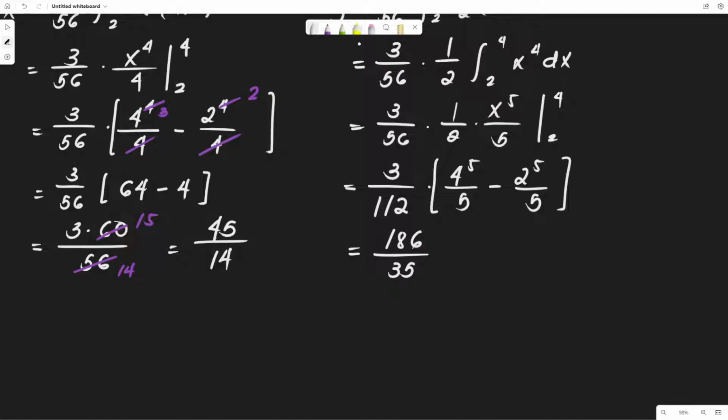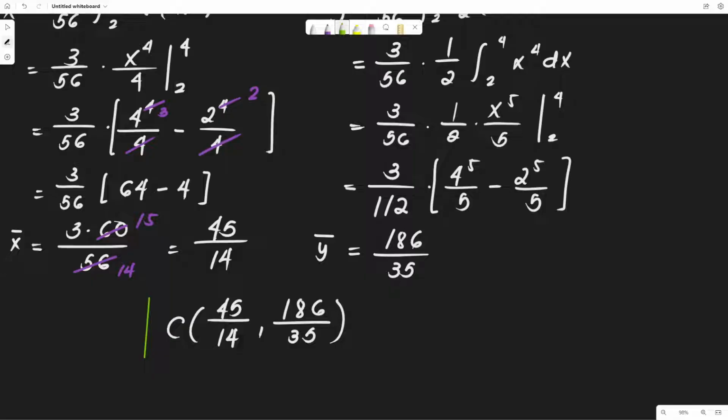Yes. Okay, so this is y bar. This is x bar. So therefore, the centroid, ang centroid ng ating plane is 45 over 14 and 186 over 35. Ayan. Okay, so this is our answer.